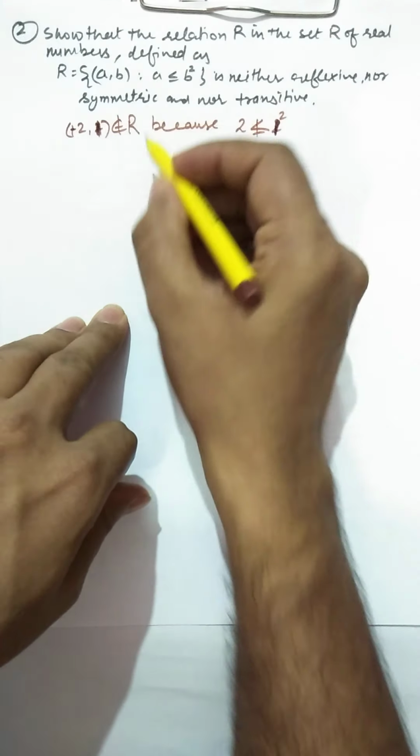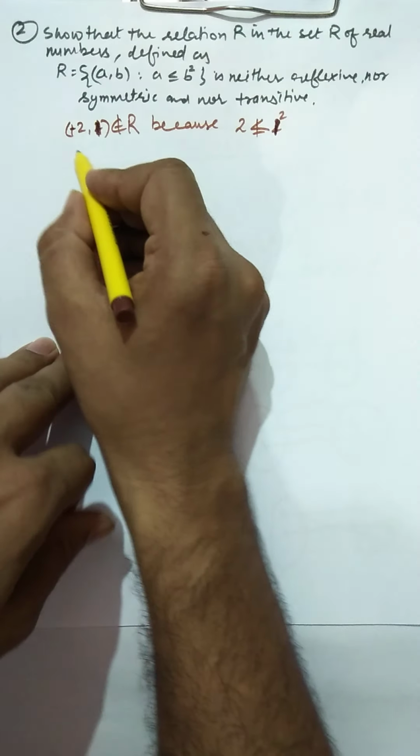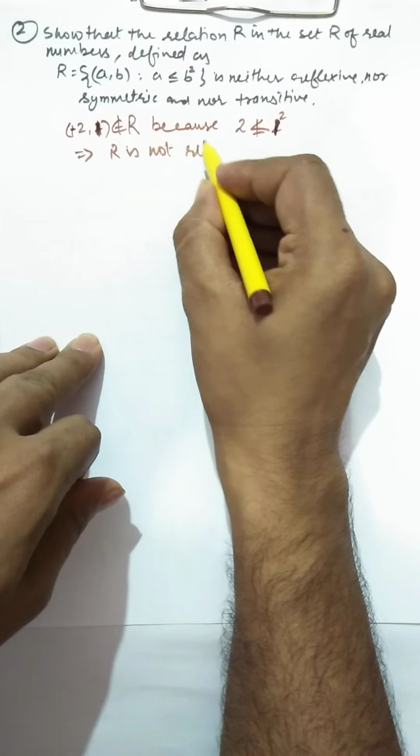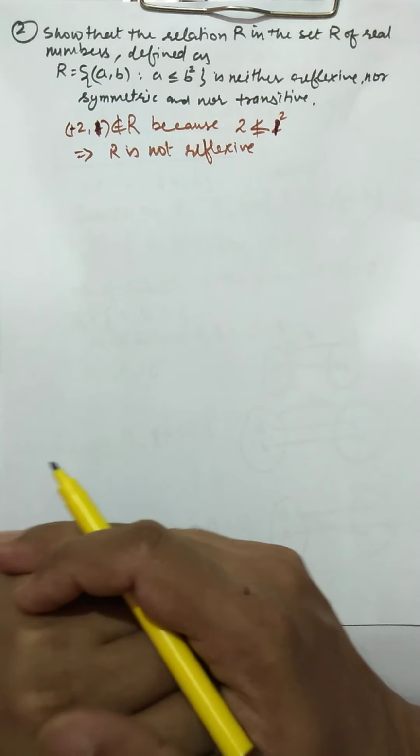So you can say that (2, 1) does not belong to R. So it simply means that R is not reflexive. So just one example you have to think from your side.